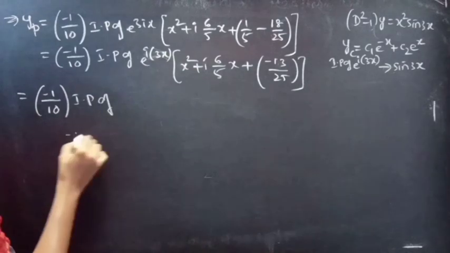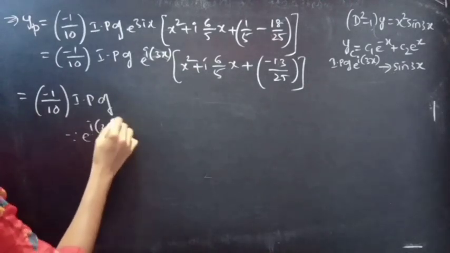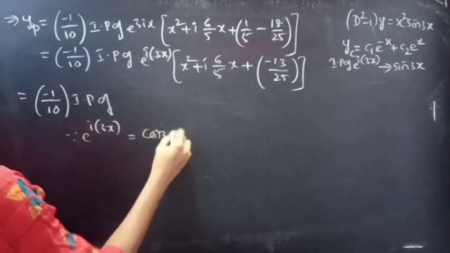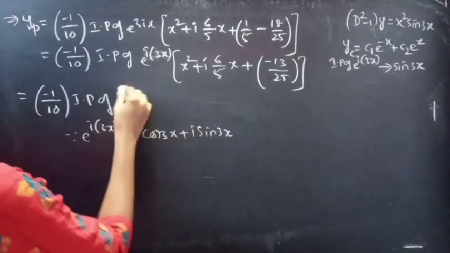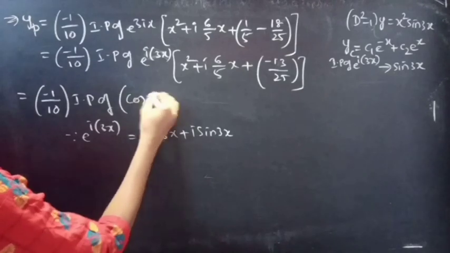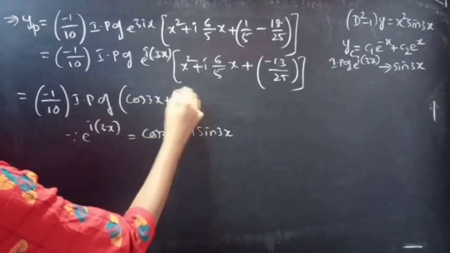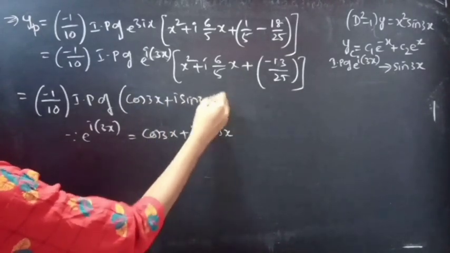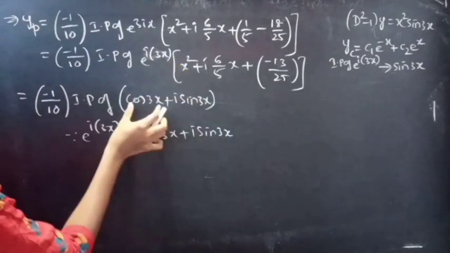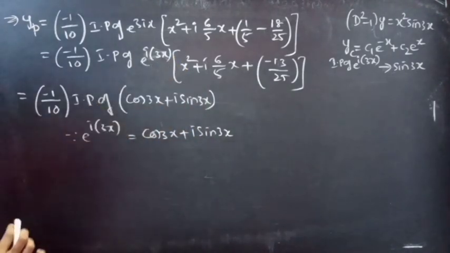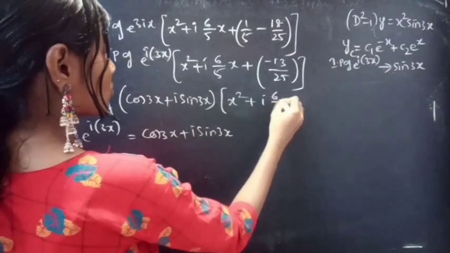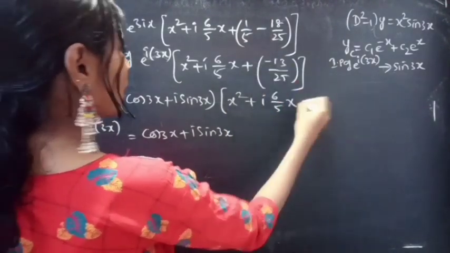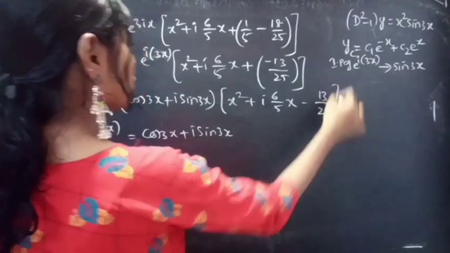We know that e power i3x is cos 3x plus i sin 3x by Euler's formula, right? We just replace e power i3x by cos 3x plus i sin 3x, into x square plus i into 6 by 5 x plus minus 13 by 25.